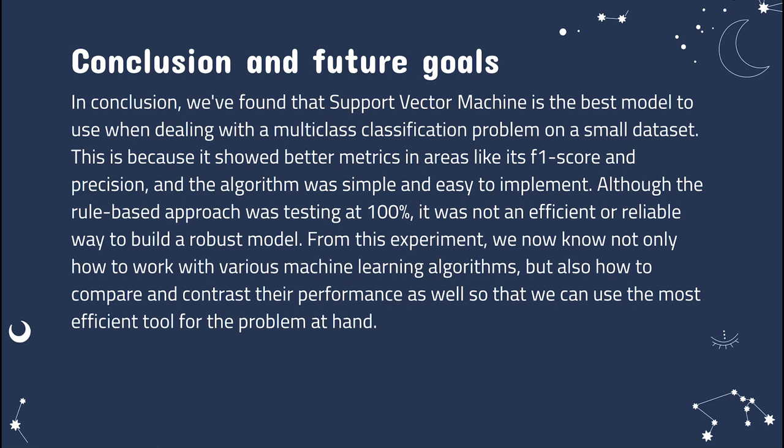Although we also saw that the rule-based approach was testing at 100%, and we thought it was kind of interesting to see the contrast between the context and what algorithm is best used.